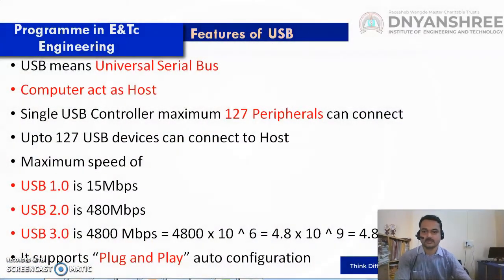This is the USB 2.0 port, used for mouse or keyboard connectivity. We can see it in this picture. This is USB 3.0, 4800 Mbps, and it supports plug and play auto configuration mode.